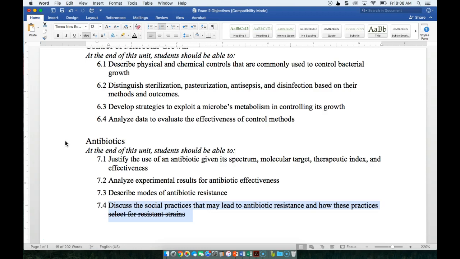That becomes an important topic when we start to talk about some of these social practices as well. And then last but not least, analyzing results for effectiveness. Again, Kirby-Bauer assays, disk diffusion assays, E-tests, and also determining minimal inhibitory concentrations to determine how effective they are.